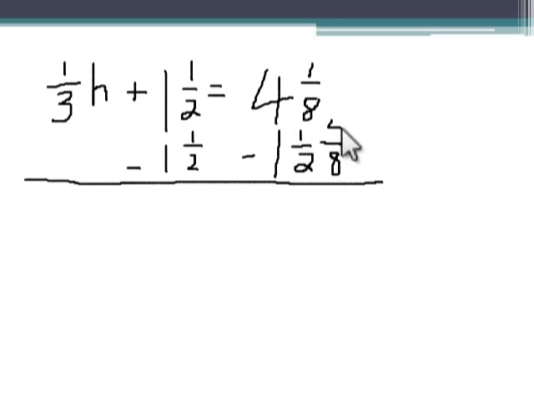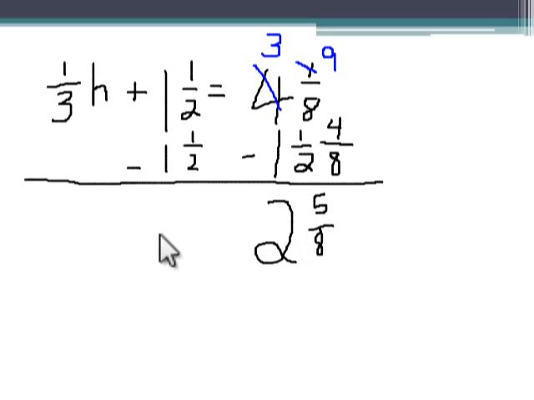It'd be 4/8. Good. What do I need to do now? I'm going to need to borrow because I can't take 1 minus 4. So I'm going to need to borrow and rename. Remember my shortcut? 8 plus 1 is 9. 9, now I'm ready to subtract. 9 minus 4 would be 5/8. And then our whole numbers, 3 minus 1 is 2.